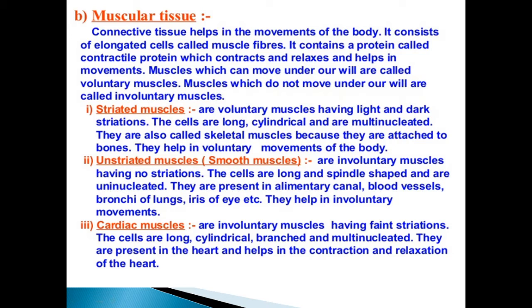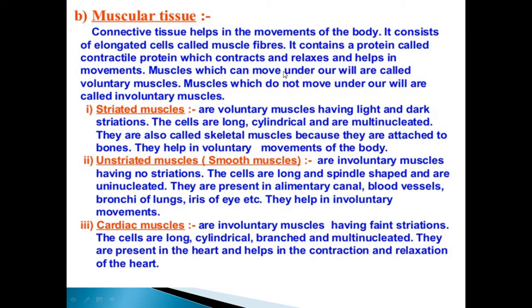Now coming to the muscular tissue. Muscular tissue consists of elongated cells called muscle fibers. It contains a protein called contractile protein, which contracts and relaxes and helps in movements.